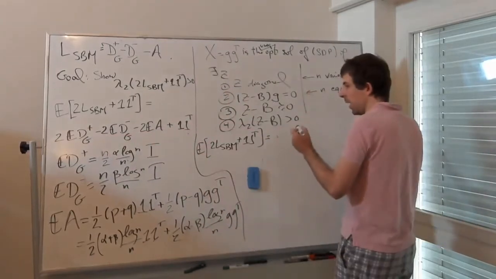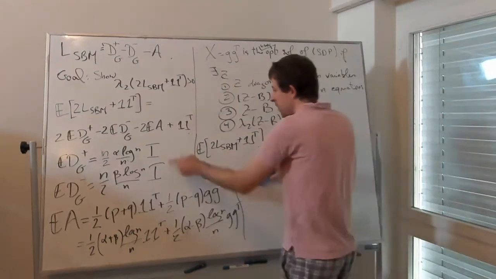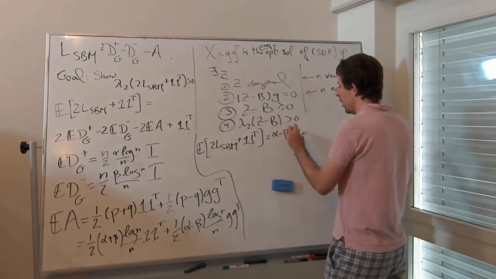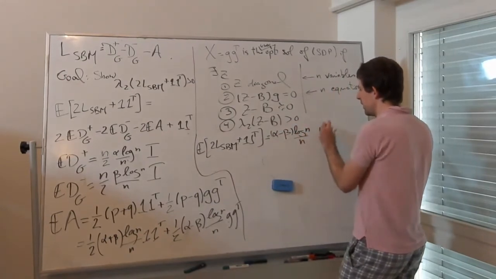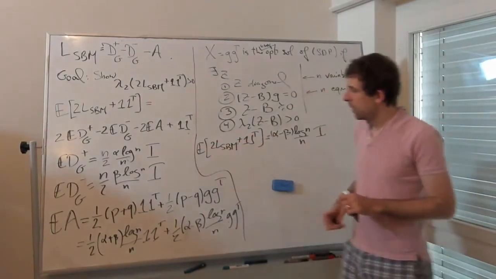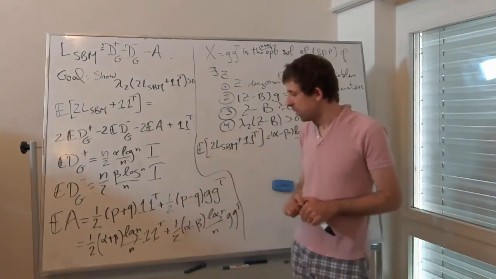So we get alpha plus beta. Oh no, alpha minus beta, because this minus that. So we get alpha minus beta log n over n identities, right? That comes from these 2 terms. But then we subtract these 2 of these, right?